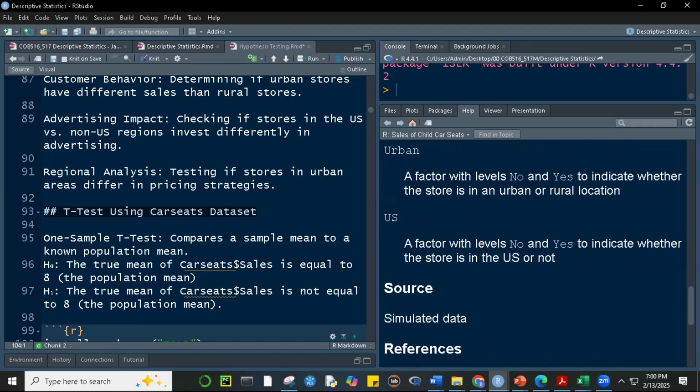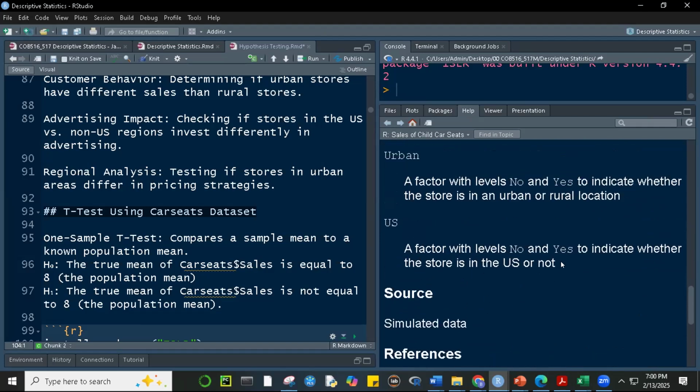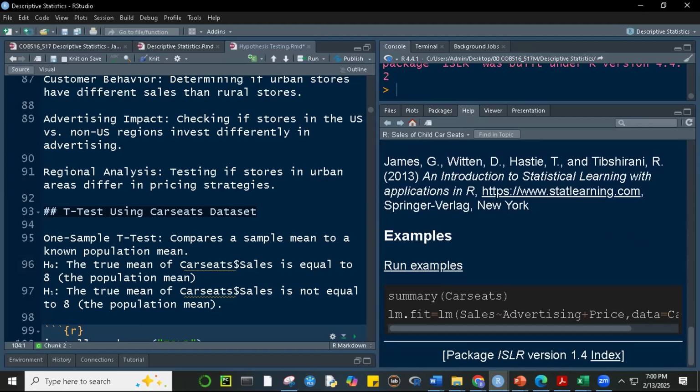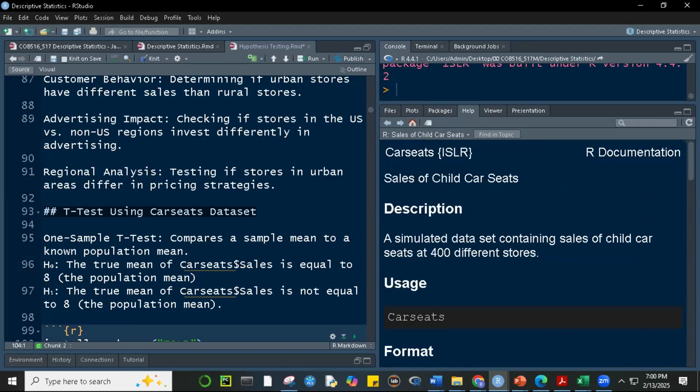And then this one also US, a factor with levels no and yes to indicate whether the store is US based or not. Okay. And here below you can find example codes. So this one we're going to use in the future. This is the function for a linear model for linear regression. We'll not go there yet.